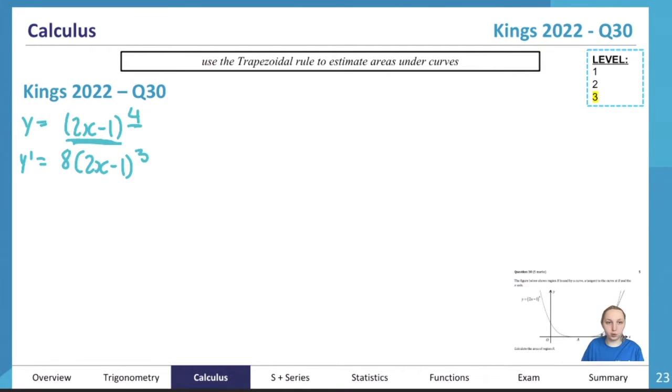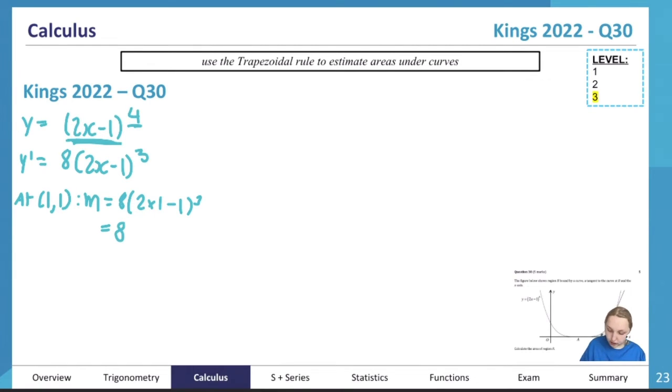Then we want to think about what the gradient is at the point (1, 1). At x equals 1, the gradient is 8 times (2 times 1 minus 1) cubed, so our gradient is equal to 8.